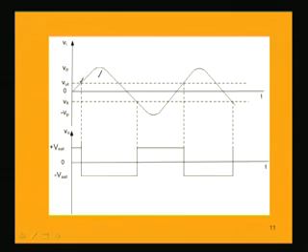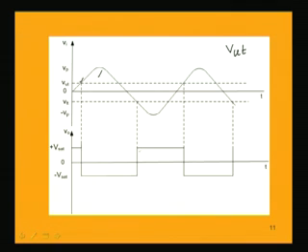So, now during this portion when the output voltage is V saturation negative, we compare with this reference voltage VLT, and from this point to this point Vi is higher than VLT. So, we will be getting a negative saturation voltage V sat minus throughout this portion, and as soon as Vi is lesser than VLT, it will jump again to positive V saturation, and at the same time we will have a reference voltage given by VUT.